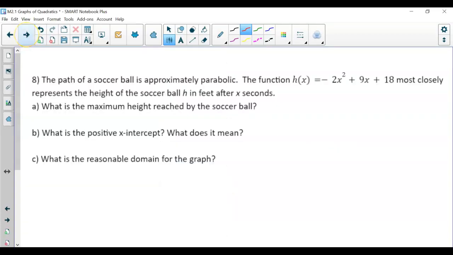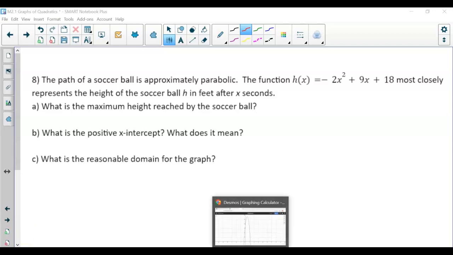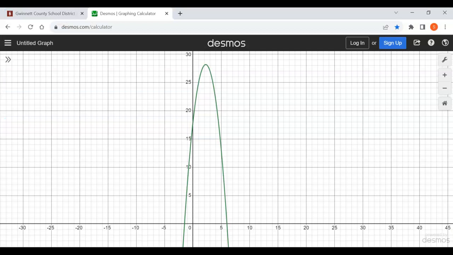So go ahead now and pause the video and graph this and answer these 3 questions on your own, and let's see how you do. And here we go. So first off, when you graphed this, talking about the path of a soccer ball, your graph should look something like this. And then you can identify all of those parts too.